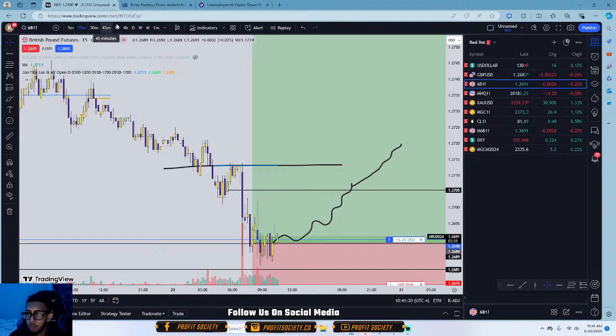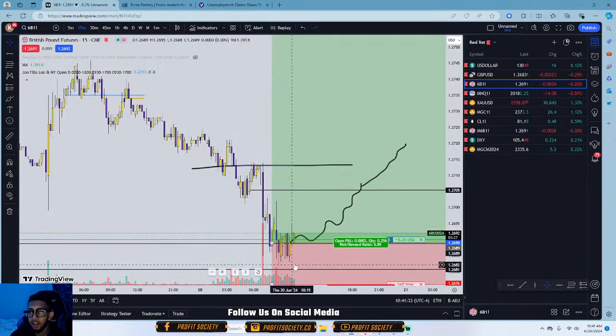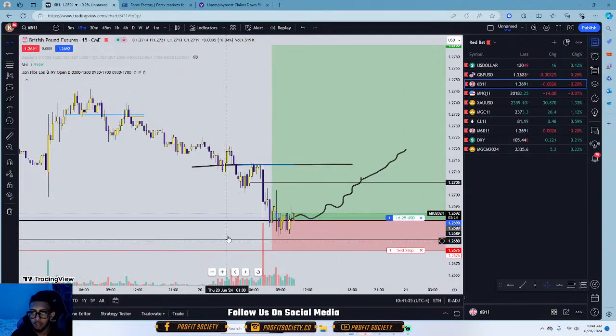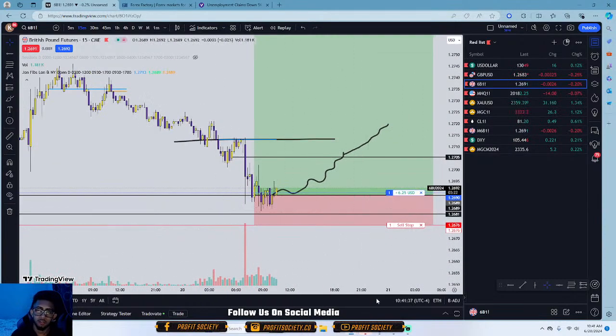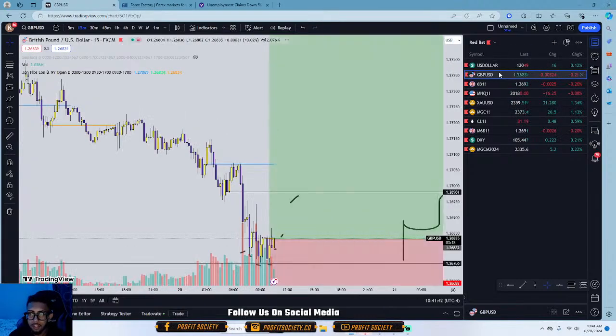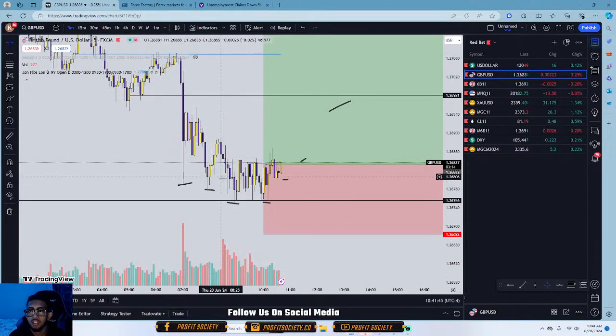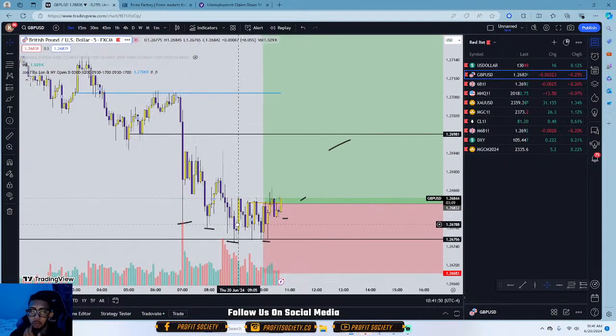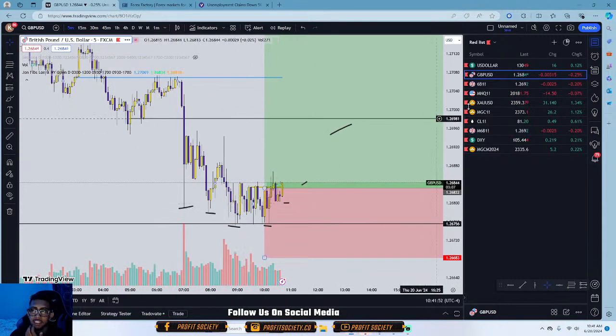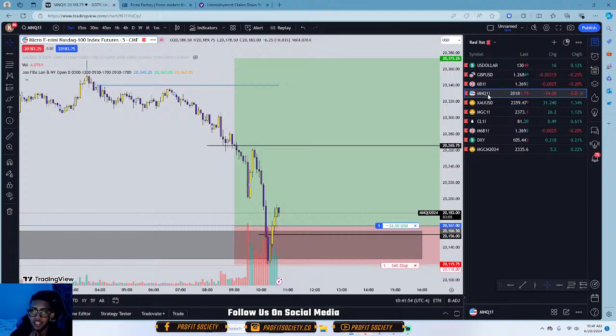Right now we probably were too early on GBP USD. We've been holding for a little bit, but now it probably starts to give us that profit we were looking for. I really just want to hold this so I can go break even as soon as possible and just go about my day.